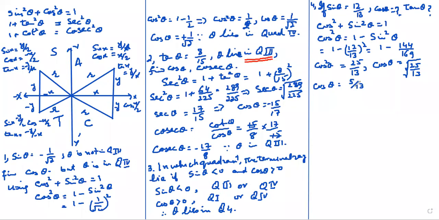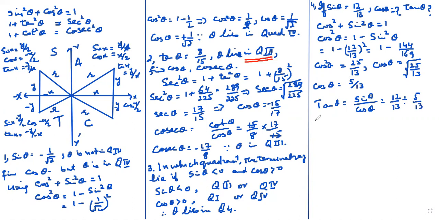Now we want to find the value of tangent theta. So tangent theta equals sine theta divided by cosine theta, which equals 12 over 13 divided by 5 over 13.